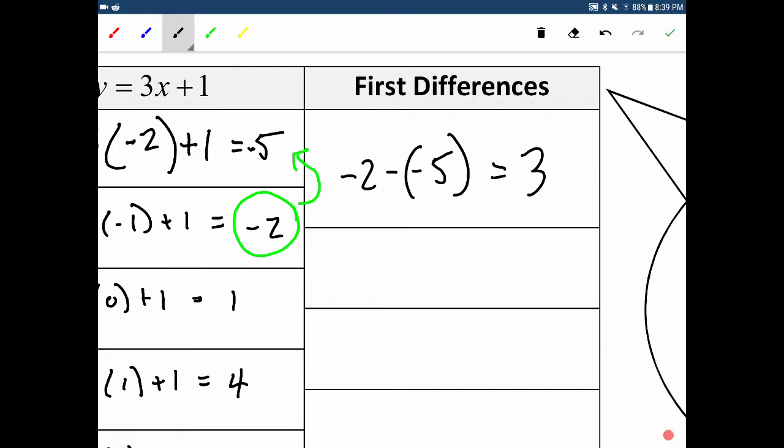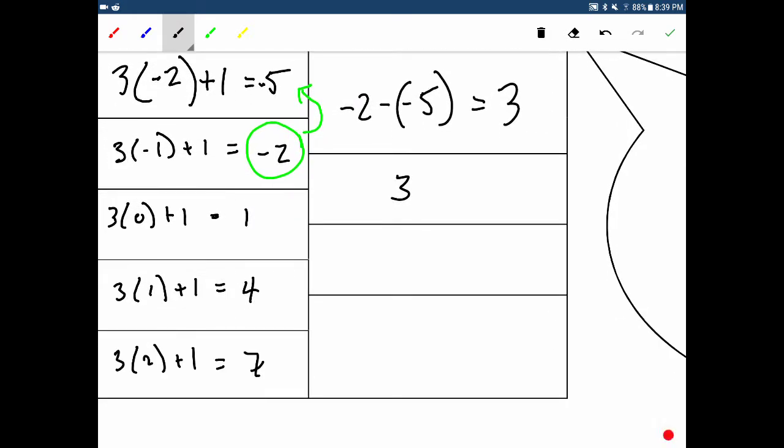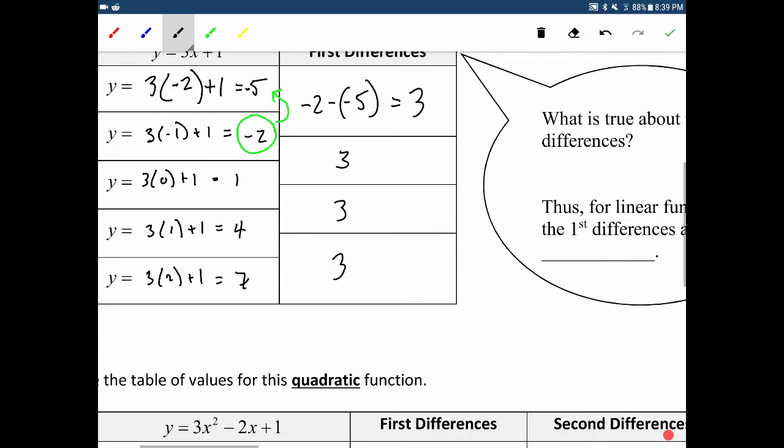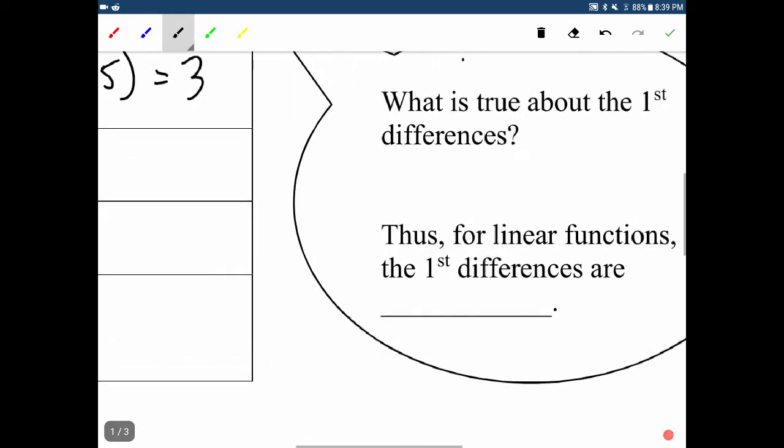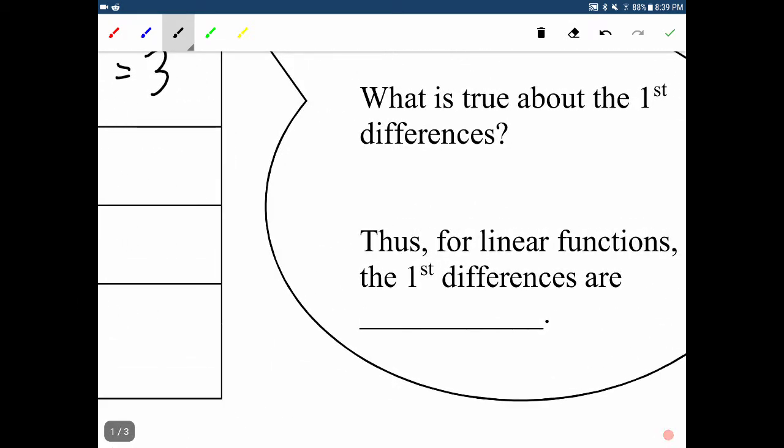And then we'll have 1 minus -2, which also gives us 3. And then we'll have 4 minus 1, which also gives us 3, and 7 minus 4, which also gives us 3. So what is true about the first differences is that they are all the same. So we'll write the same.